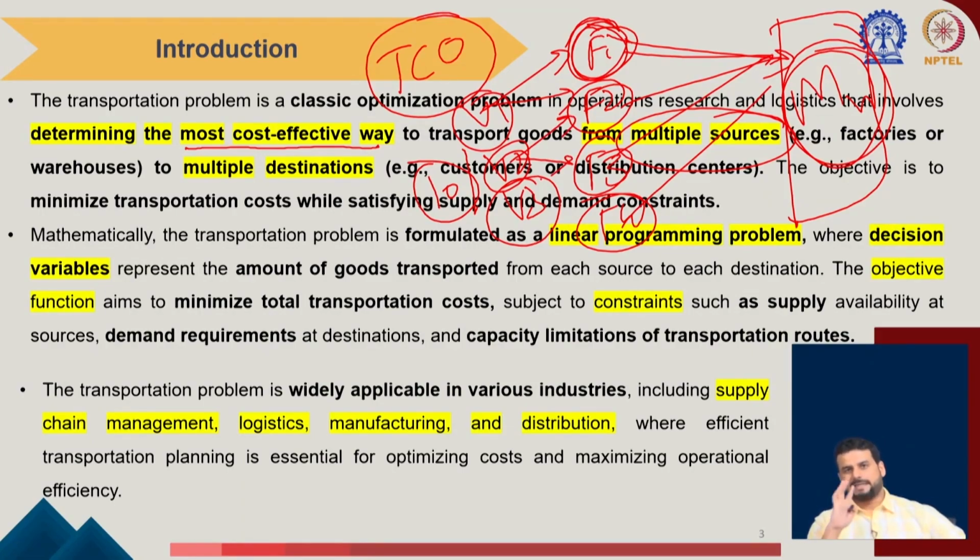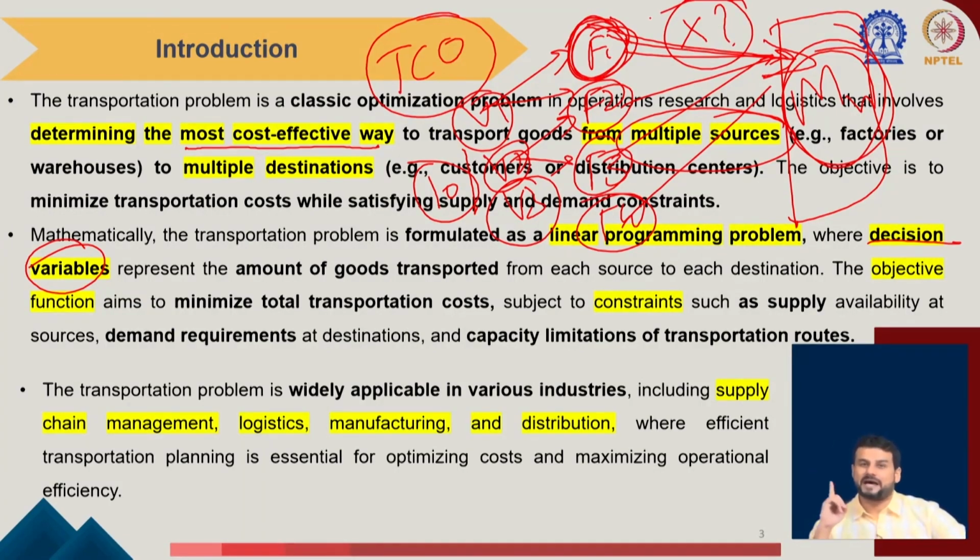So this is a linear programming problem, and when talking about a linear mathematical programming problem, obviously we have decision variables, and decision variables here are how many units. When we are talking about factory 1 fulfilling the demand coming from 100 markets, how many units will be shipped from factory 1 to those 100 markets?